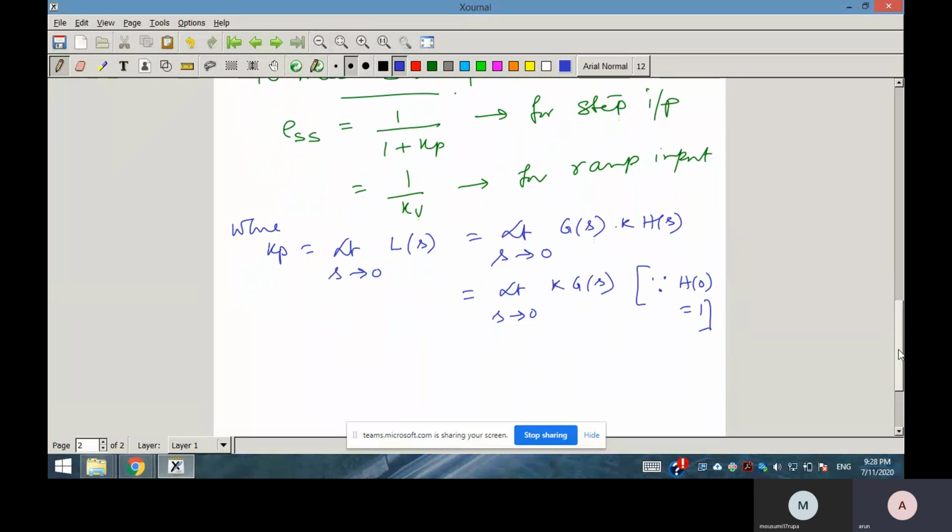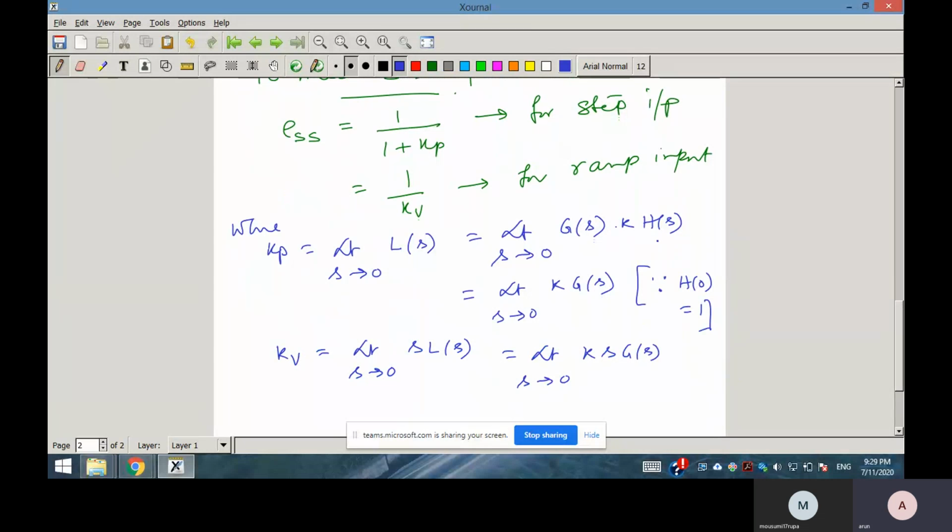Similarly, what is KV? Limit s tends to 0 of SLS. So this will again be equal to limit s tends to 0 of K into SGS, because again H0 is equal to 1.